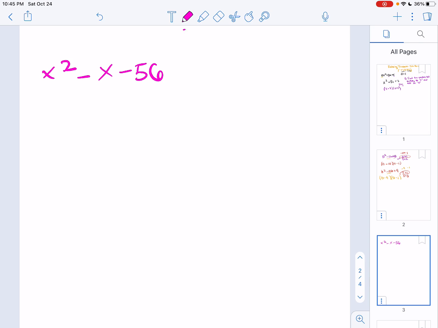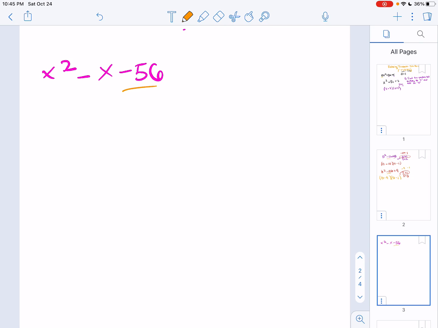Well, since this 56 is negative here, the signs of the two numbers that we're going to multiply together need to be opposite. Because the only way for us to get something that's negative when we multiply is if one is positive and one is negative. Because two positives multiplied get a positive, two negatives multiplied still get a positive. So they have to be one of each.